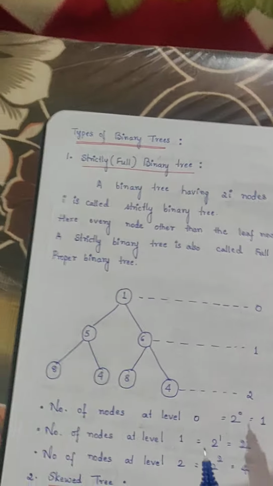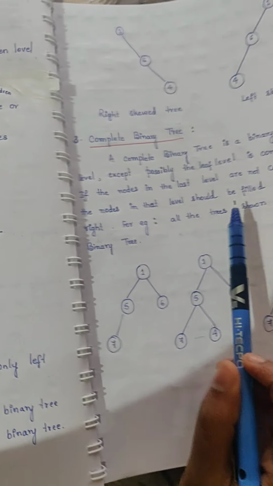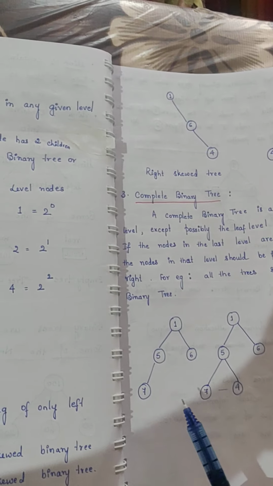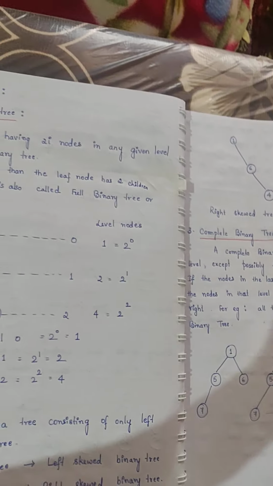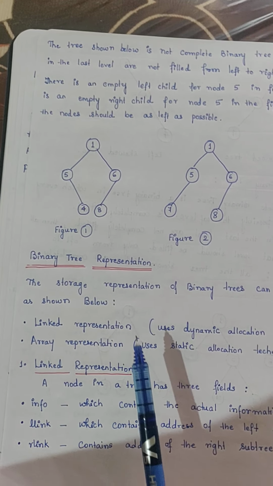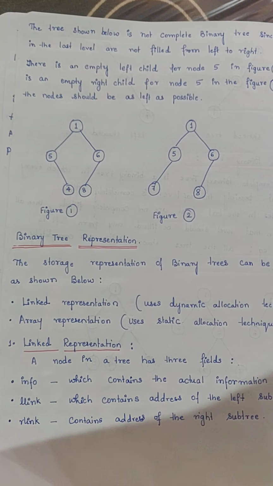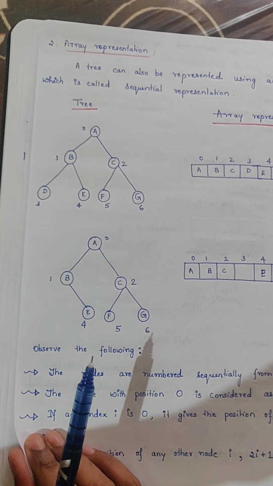After that we have seen the types of binary tree. We have strictly binary tree, skewed binary tree, the right skewed or the left skewed, and then the complete binary tree. This is how we have seen the various types of binary trees. And then the binary tree representation, that will be in the linked representation as well as the array representation.